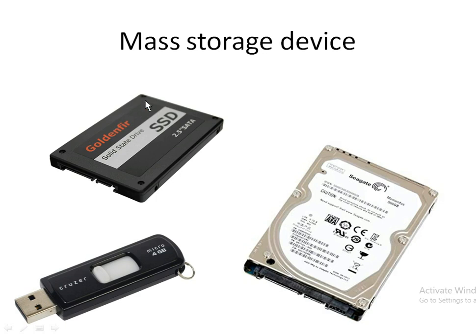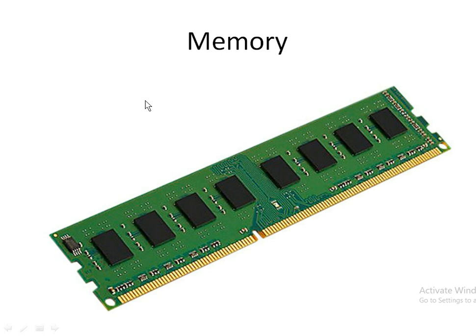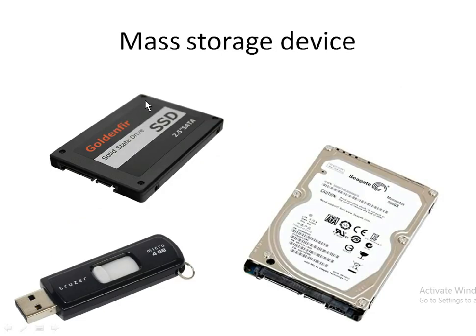If the performance of the computer has to be good, you must concentrate on all these three: processor, memory and mass storage. All these three have to be compatible with the same speed to have better performance. If any one of the devices is very low with respect to data transfer, the computer will perform very low.